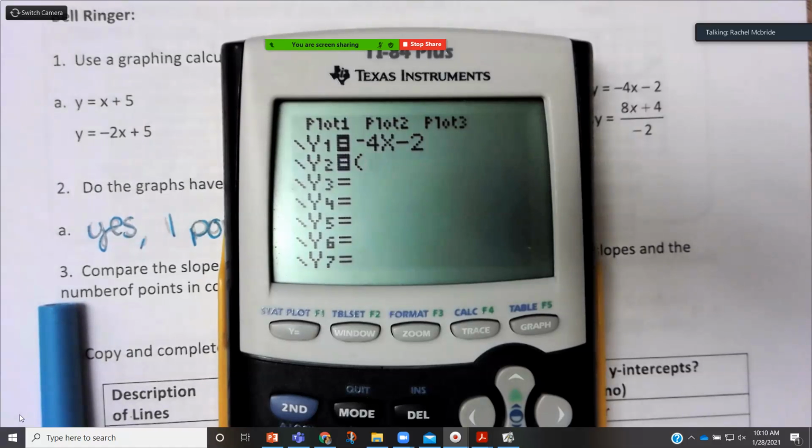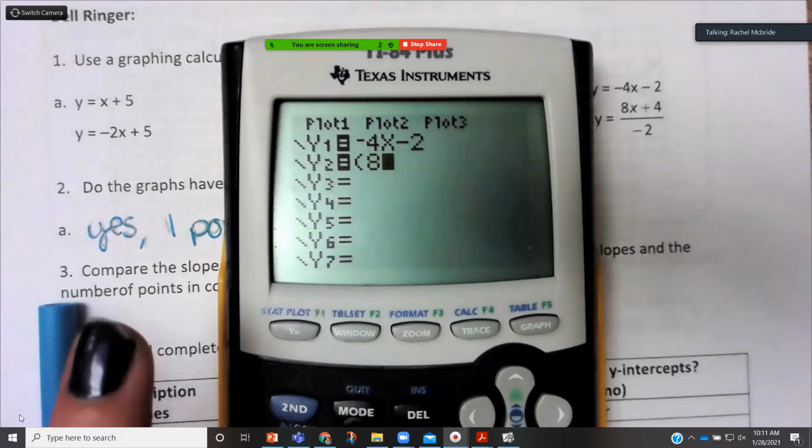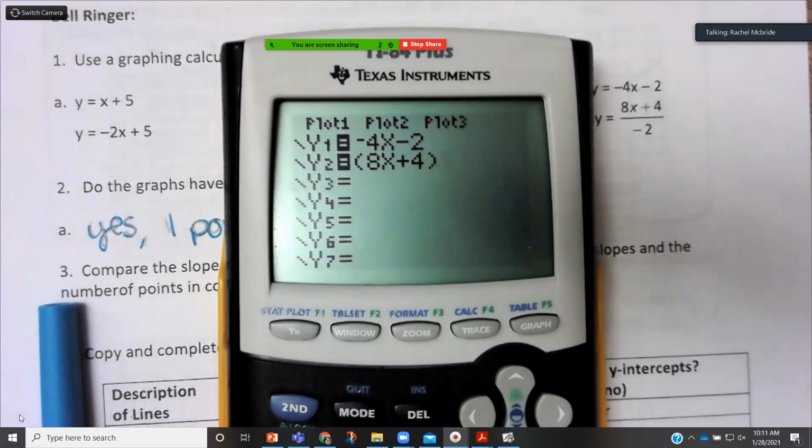You have to put a parenthesis around everything in the numerator. So you're going to put that 8x plus 4 in a parenthesis and then divide it by negative 2. And then hit graph.